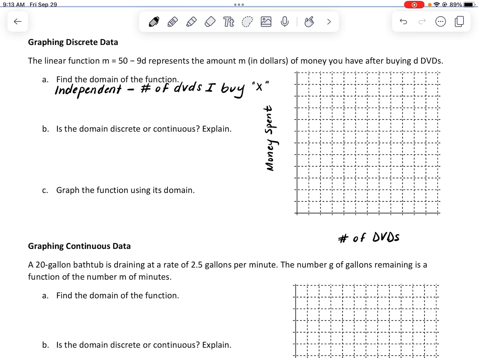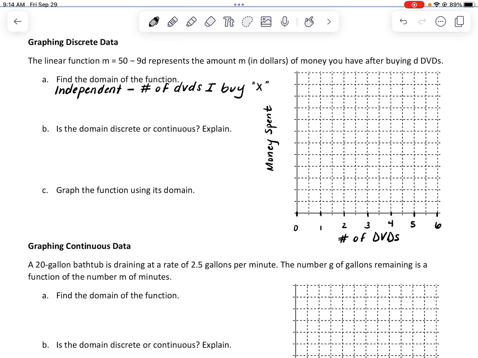Okay, so when it says to find the domain, I'm just going to try to graph this and see what it says. So if I plug in 0 DVDs, and actually let's label our graph. So 0, 1, 2, 3, 4, 5. Okay, let's go up to 6 DVDs.